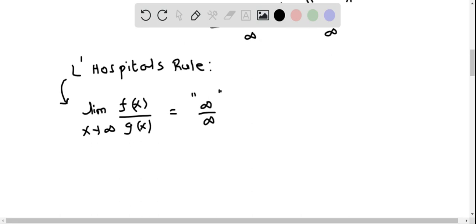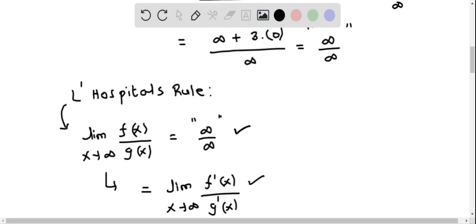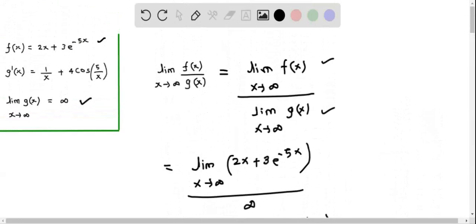It states that this limit is equivalent to the limit of f prime of x, the derivative of the function in the numerator, divided by g prime of x, the derivative of the function in the denominator. This is what L'Hopital's rule says when you encounter any indeterminate form. So we are going to apply L'Hopital's rule to our limit.